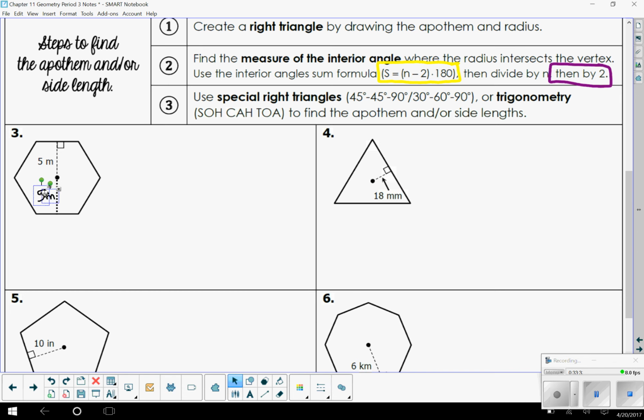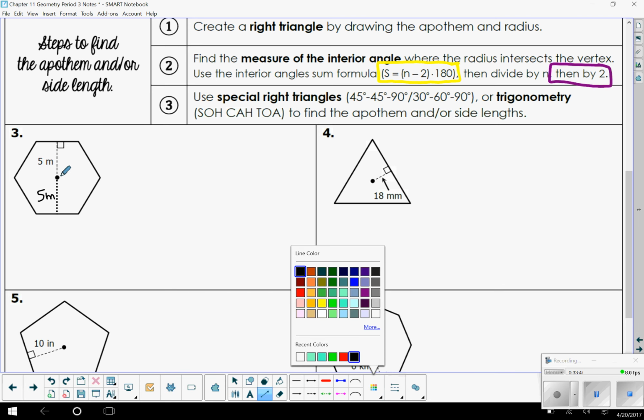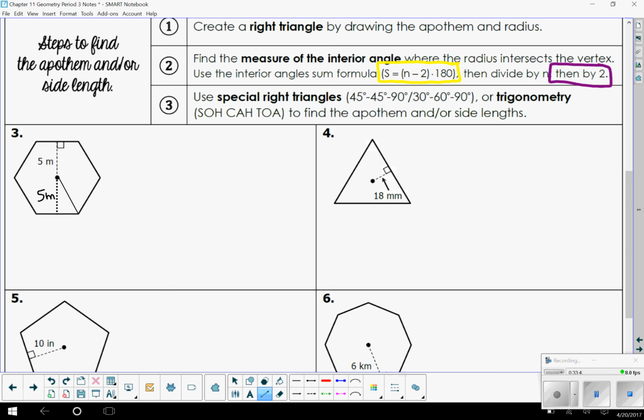And then we need our radius, and that's going to go from there to there. When we drop the apothem, we get a 90 degrees right here, and we need to find out what that angle is.